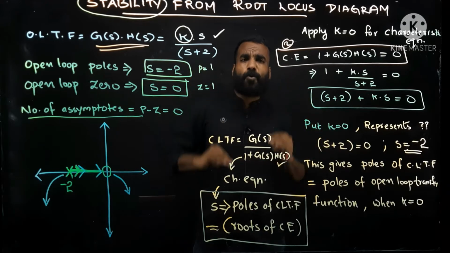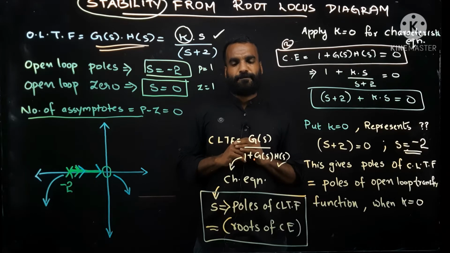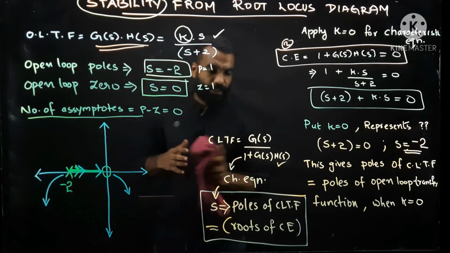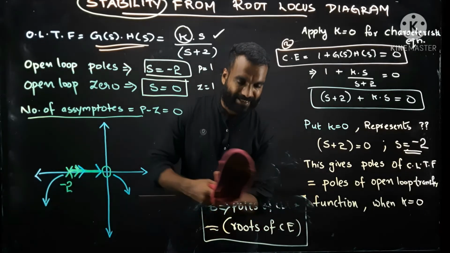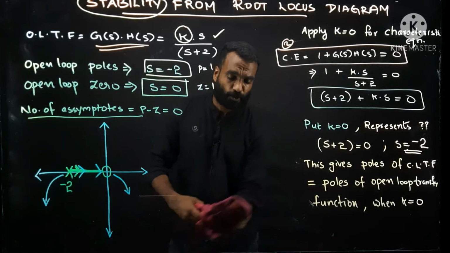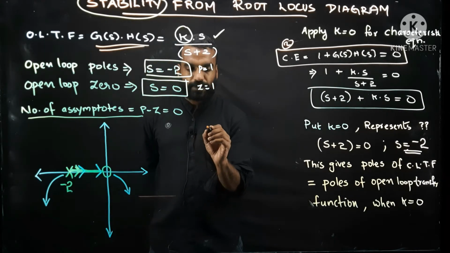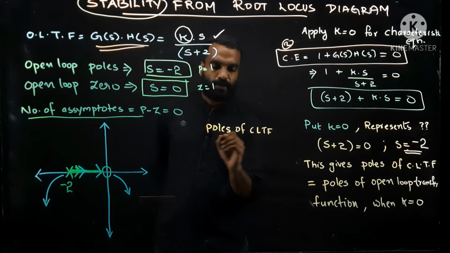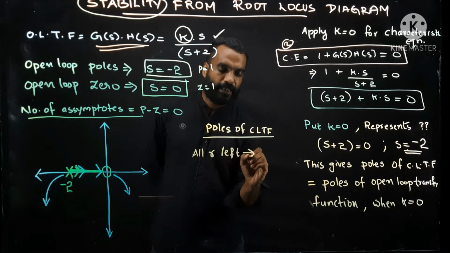If all the poles of the closed loop transfer function are on the left, the system will be stable. If all the roots of the characteristic equation or all the poles of the closed loop transfer function, both being equal, are on the left, stable.